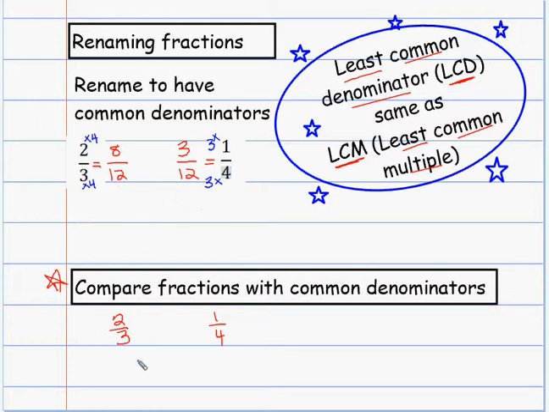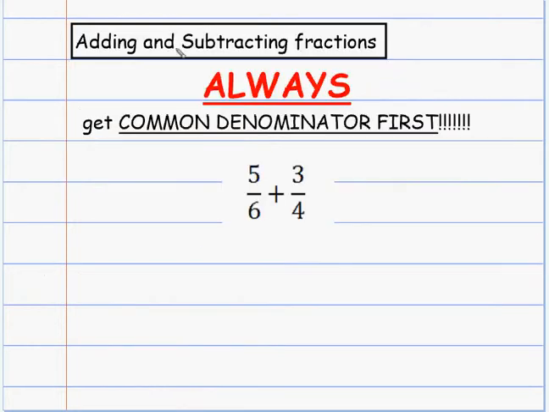This problem is really 8/12 compared to 3/12. Now you can insert a comparison symbol to show that 2/3 is bigger than 1/4, because having 8 out of 12 pieces of pizza is more than having 3 out of 12.